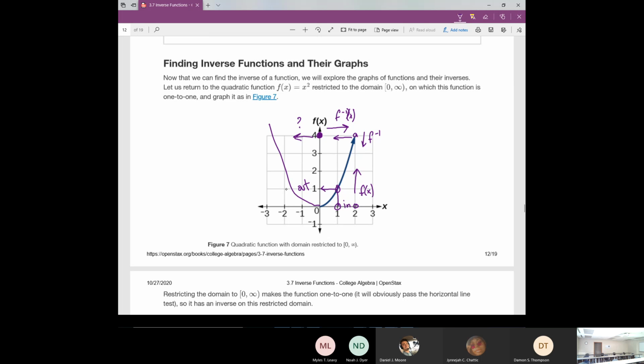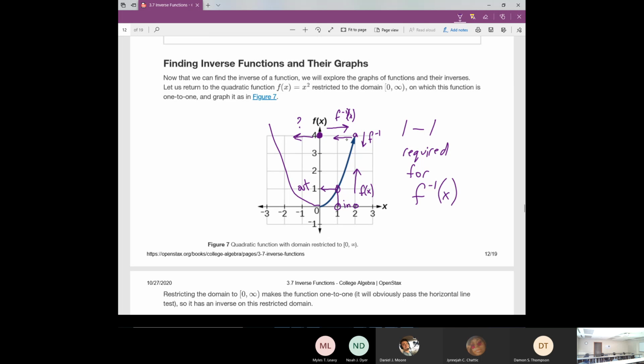That is where the 1 to 1 function is important to check, because without 1 to 1-ness, I don't have an inverse. So 1 to 1 is required for f. If I'm able to find f inverse, I must have a 1 to 1 function.